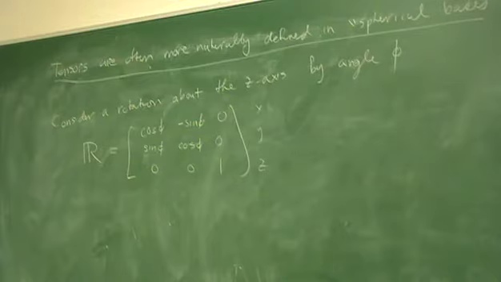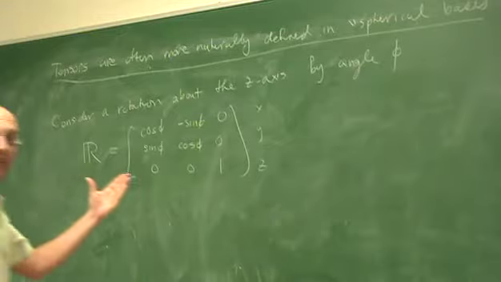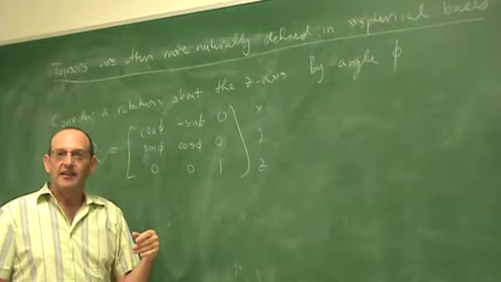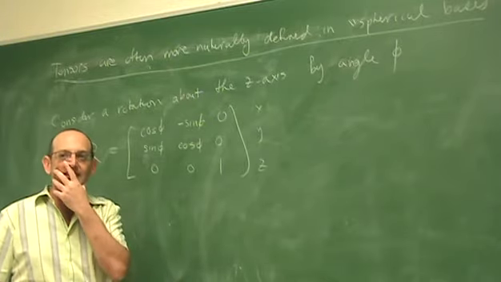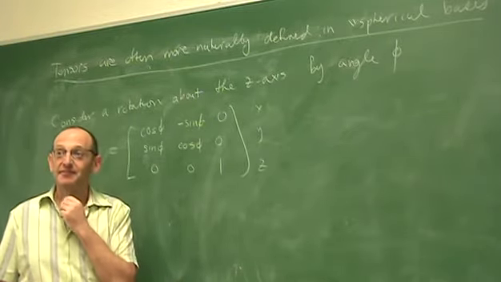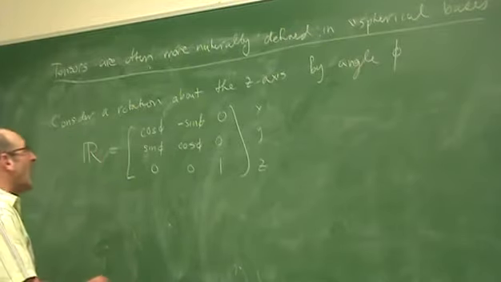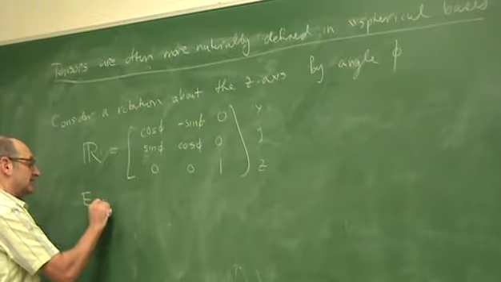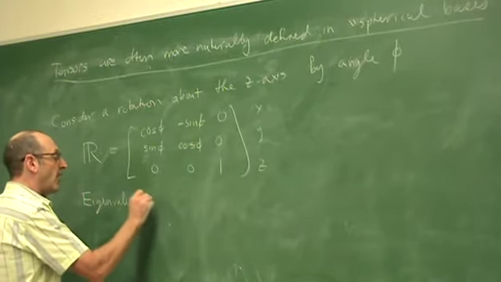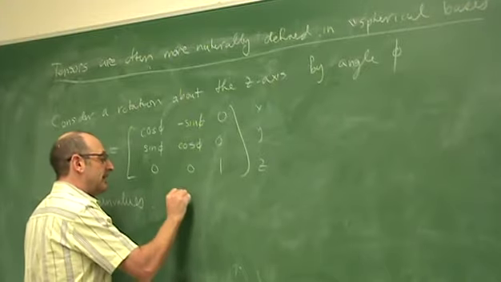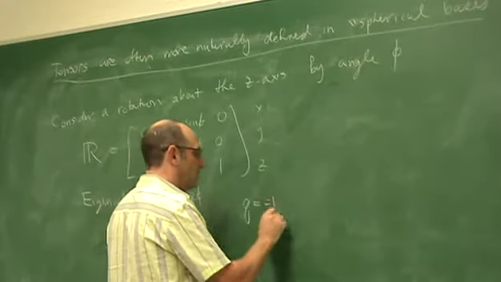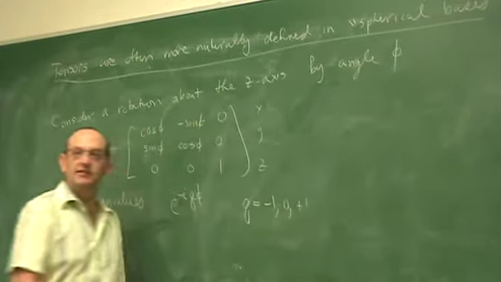But the eigenvectors are left alone under rotation. So what are the eigenvectors? Well, we see one of them, the z-axis, is an eigenvector. e to the i phi or minus i phi? Well, those are the eigenvalues. If you diagonalize this, they are of the form e to the minus i q phi, where q is equal to minus 1, 0, or plus 1.